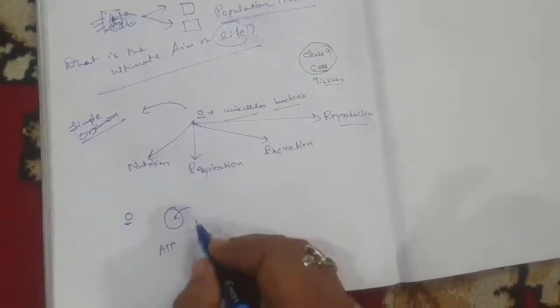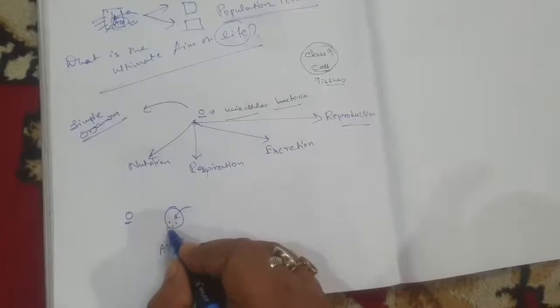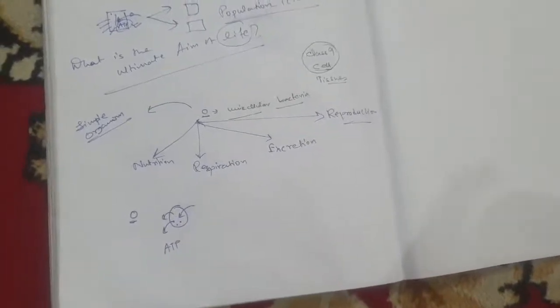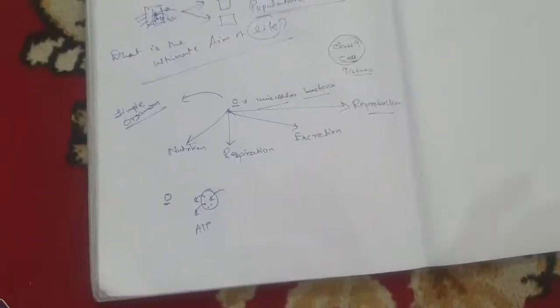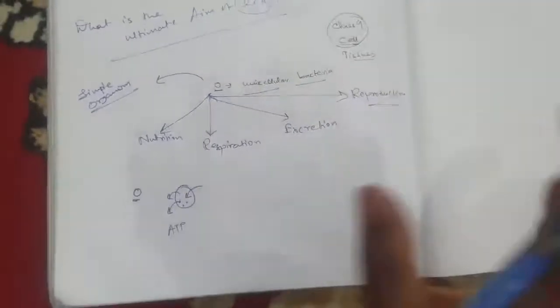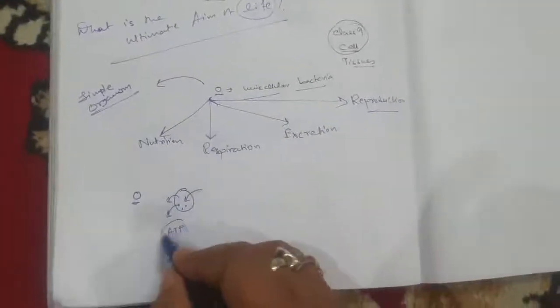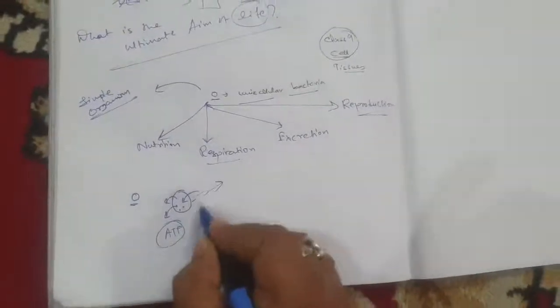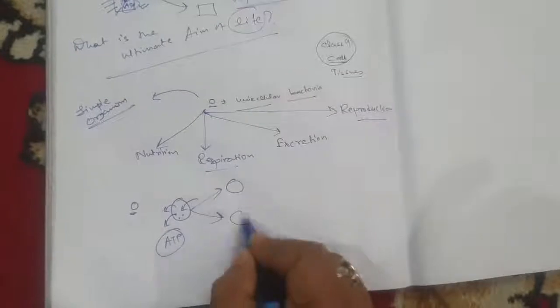And then the waste products that are created would be thrown out of the cell by the process of diffusion. And the energy that has been produced due to respiration will be used by it to divide.